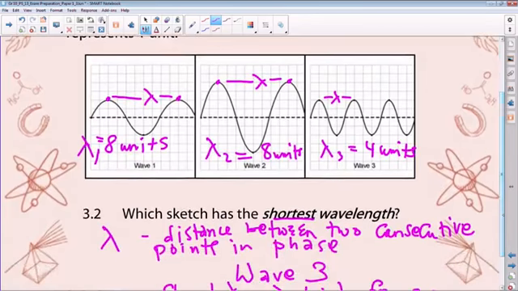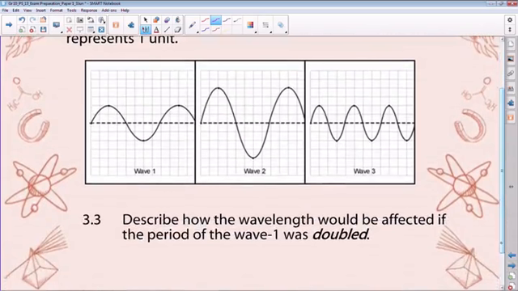Now the last question on this segment would be this one, which is to describe how the wavelength will be affected if period was doubled. So what is this period? Period is the T, time taken to complete a single pulse. So if we doubled the period, it means if this is completed in 1, then this must only be half of the pulse.